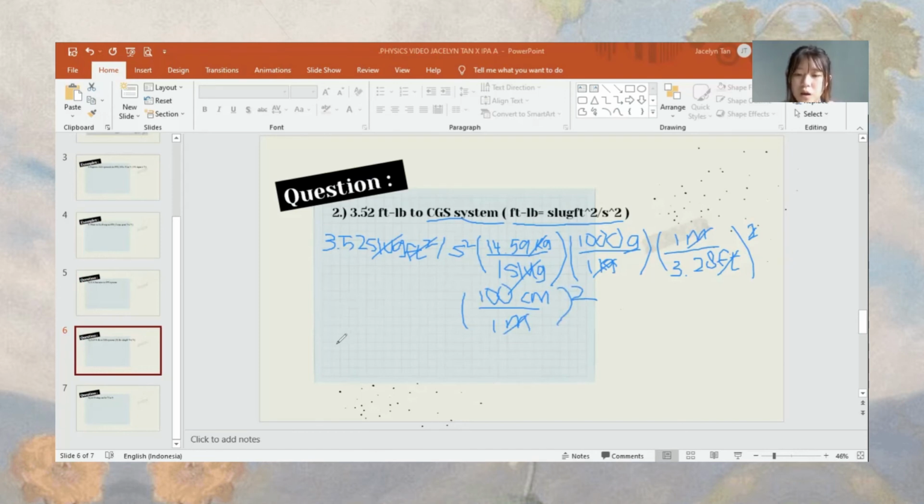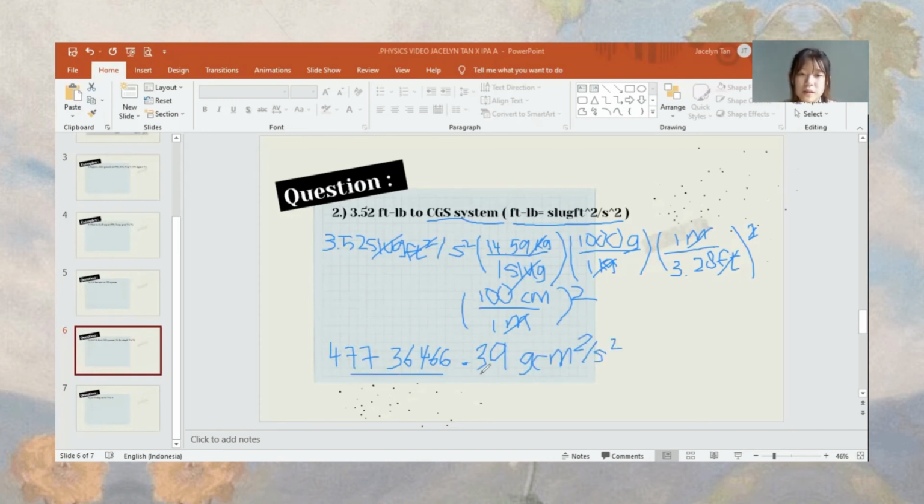So we will get 476,466.39 gram centimeter squared over second squared.